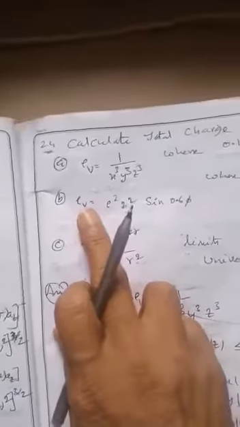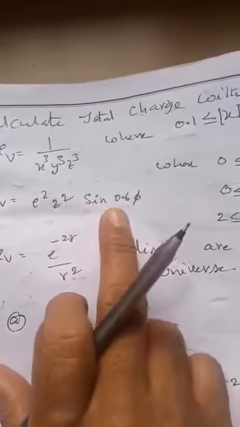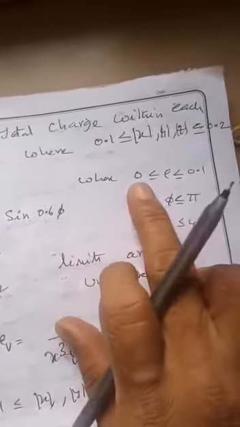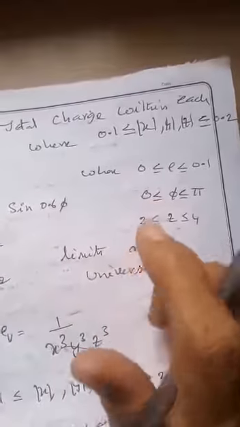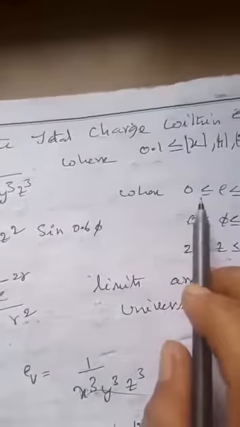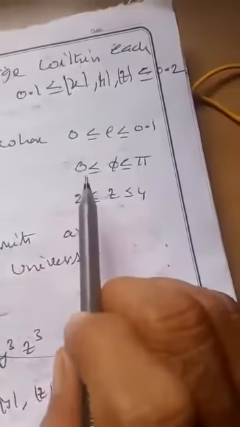So here rho v is equal to rho square z square sin 0.6 phi, and here rho varies from 0 to 0.1, and this is the second problem, part b.